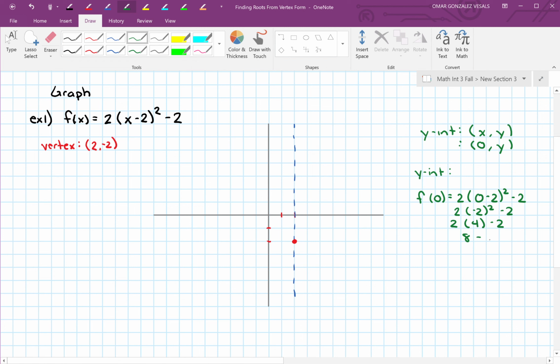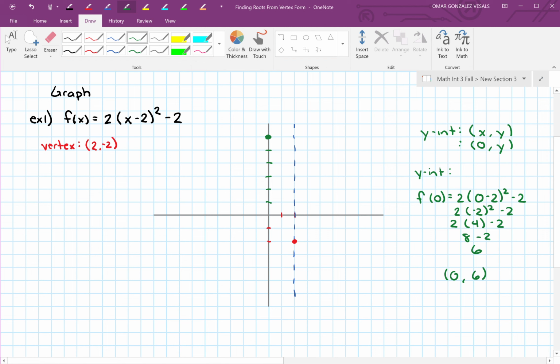And then 8 minus 2 is 6. So I know that I have a y-intercept at 0, 6. Which is cool and all, but that's not what I'm looking for. I know I have a y-intercept right there.